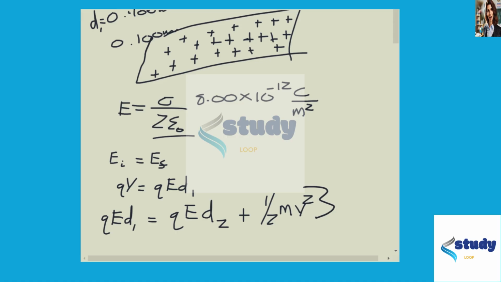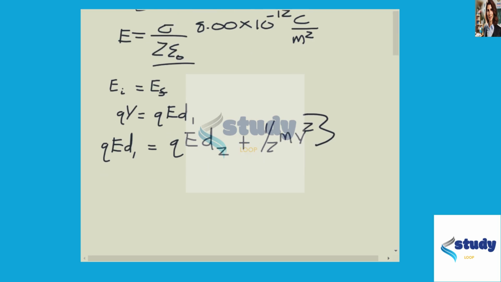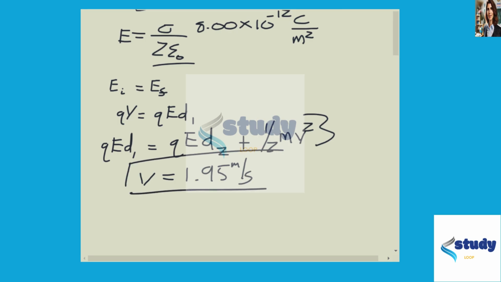Then multiplied by 0.3, which is the difference of the two distances, multiplied by 2, dividing by the mass. We can find that the speed as a result is equivalent to 1.95 meters per second. And this gives our final answer.